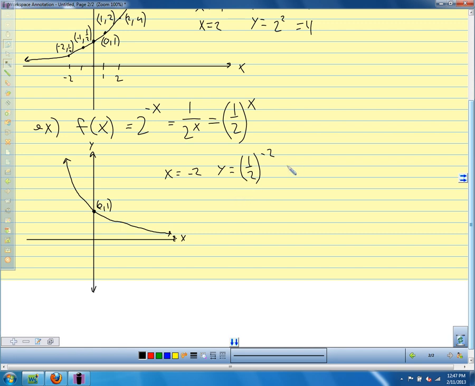And we get 4. So if x is -2, my point here would be (-2, 4). I know my graph isn't to scale. If x is -1, y would be 1/2 to the -1, which is 2.